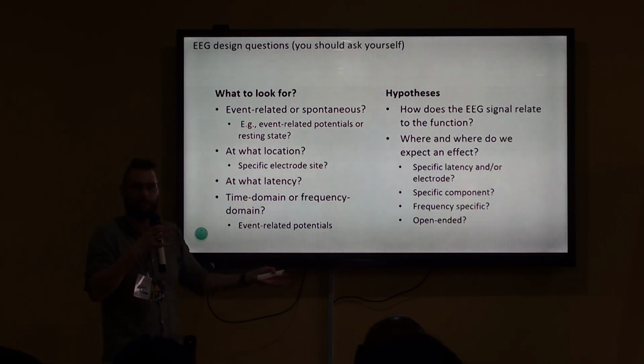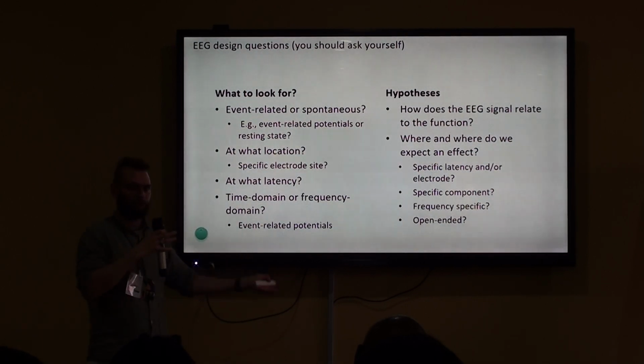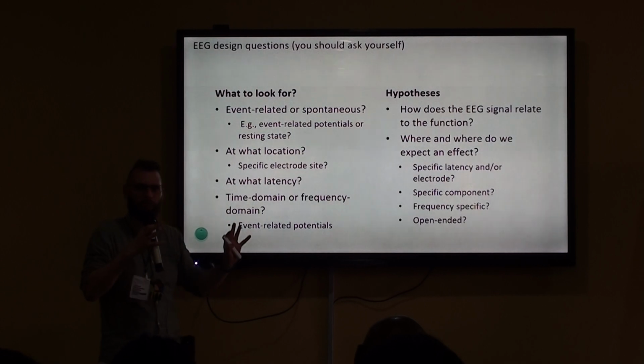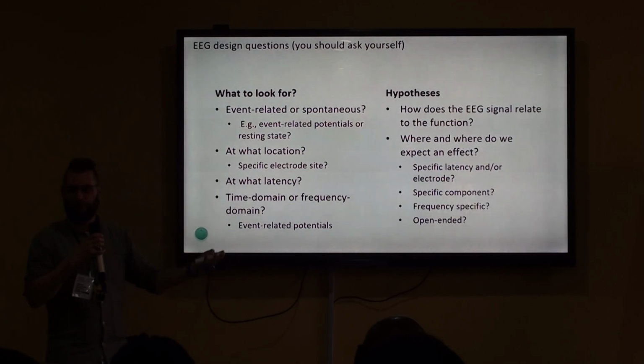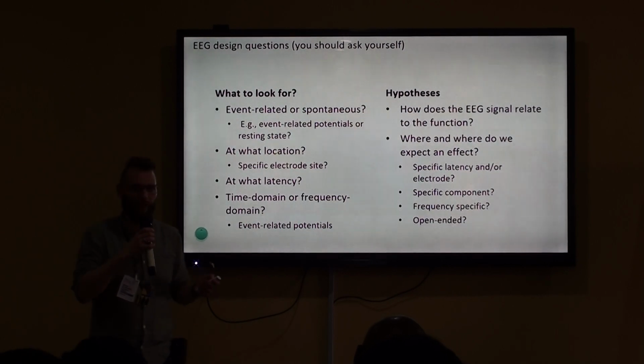Sometimes there might not be a lot of literature on it, and we just have to accept that we don't really know where to look, and then approach our experimental design that way, open to the fact that we might see some spurious correlations, but sometimes that's just how science works.